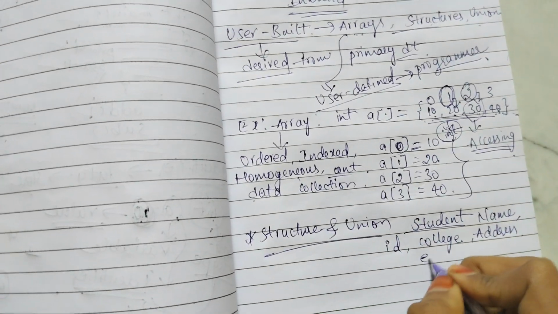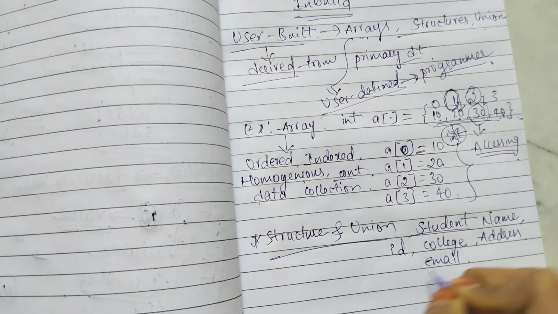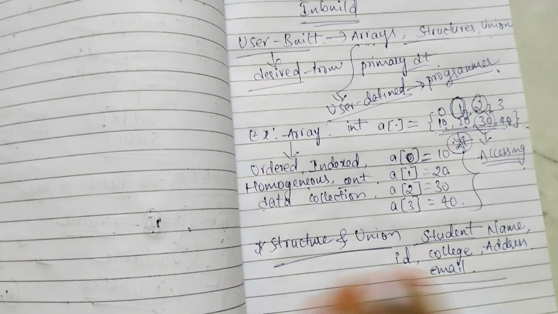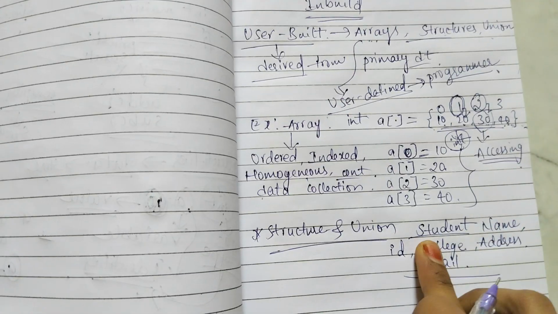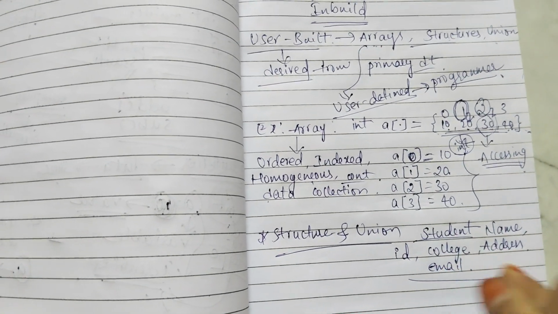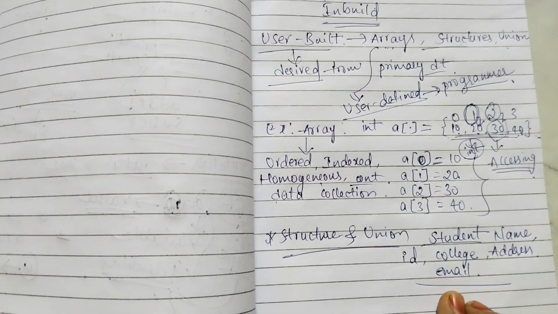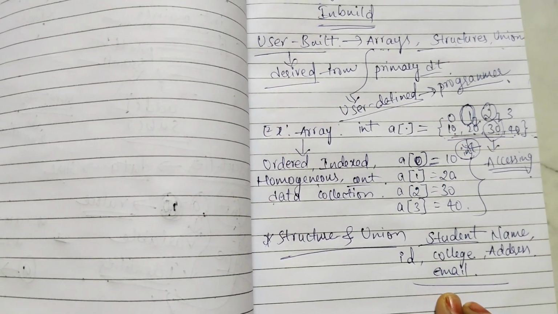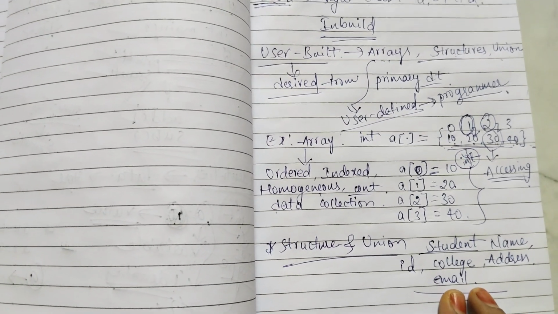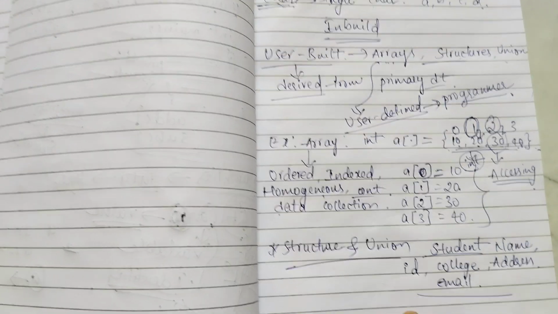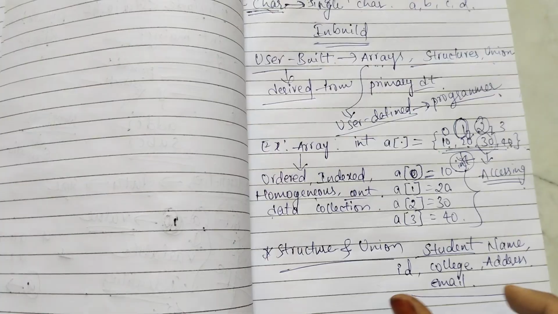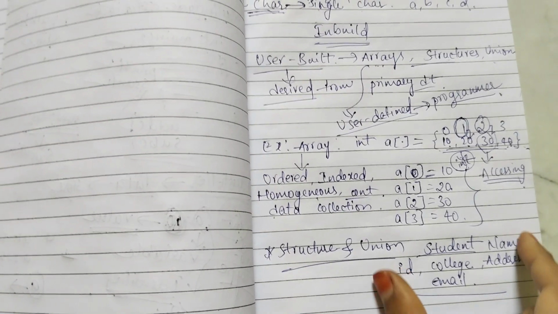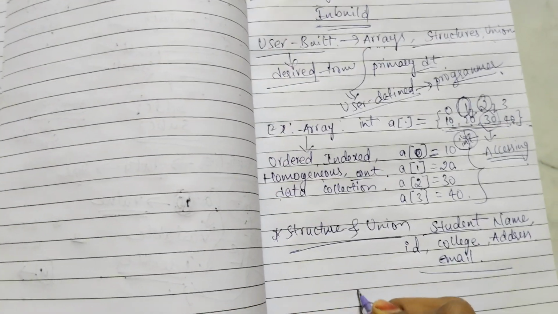If I want to store all types of data, then different data types are there. It's a collection of storing in a single container. I can store different data types in a single container.